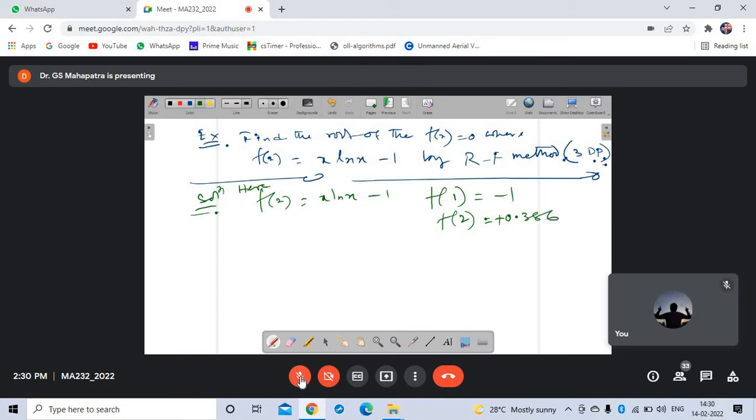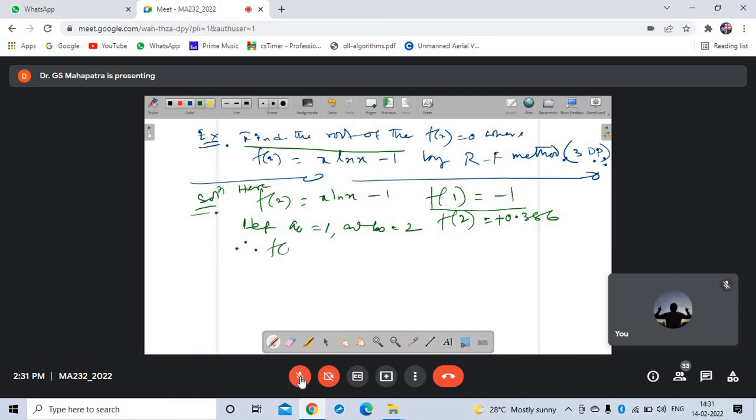We have to find the positive root, so here let a naught equal 1 and b naught equal 2.